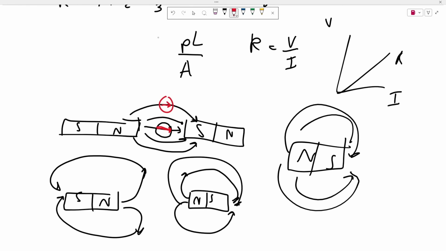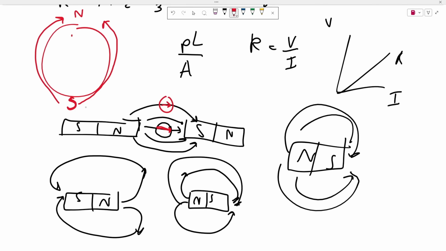You may be asking me, well, aren't compasses supposed to face north? And yeah, you are correct. This is the North Pole and this is the South Pole. But what actually happens is because the compass always points north, that means that the magnetic field of Earth has to be going from the South Pole to the North Pole. And that's because the magnetic poles and the actual directional poles are different.